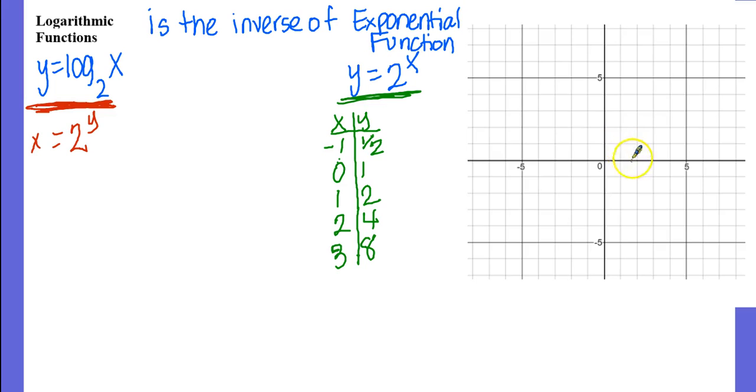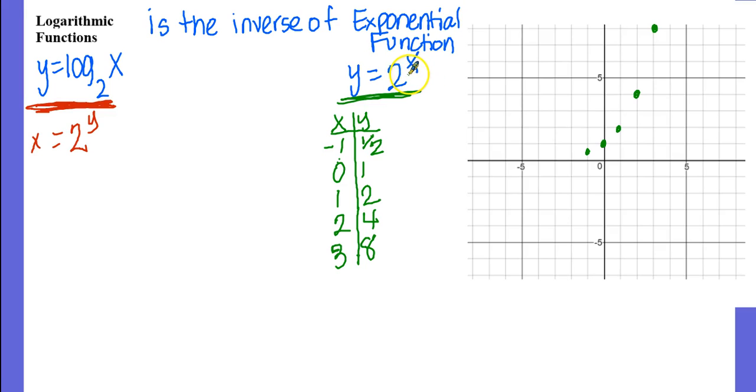So let's go ahead and graph those. -1 up 1/2, 0 up 1, 1 up 2, 2 up 4, and 3 up 8. Remembering something really important, that it doesn't matter what x I pick, right? I can pick any exponent I want.